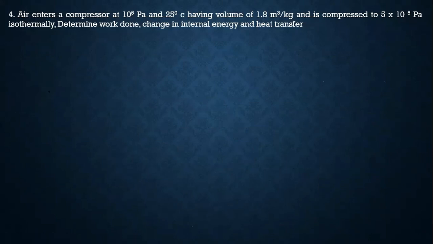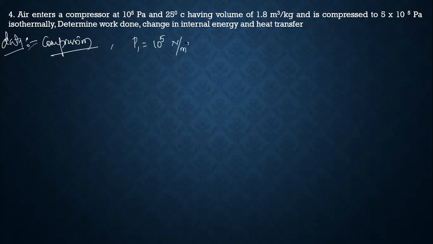Here air enters the compressor at 100 kilopascal. Once again, the process is compression. P1 is equal to 1 bar, that is 10 to the power of 5 Newton per meter square, and temperature 25 degrees Celsius, that is 298 Kelvin.